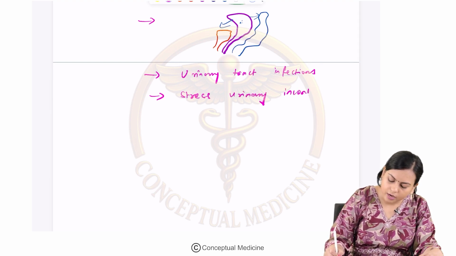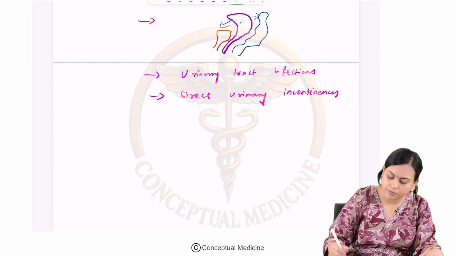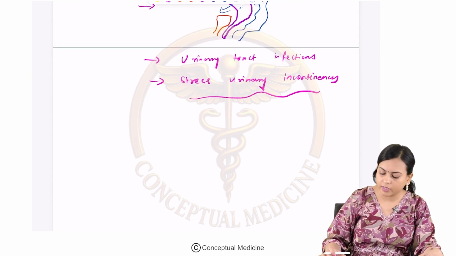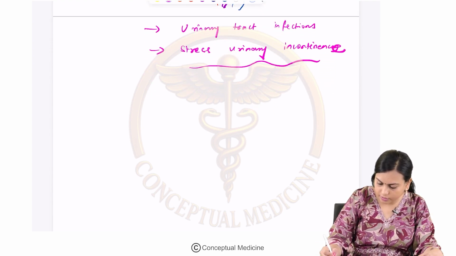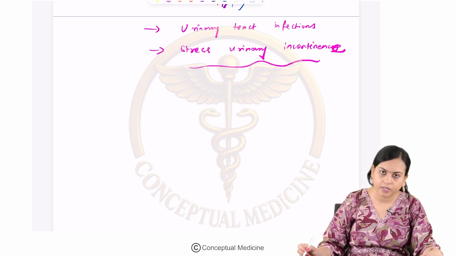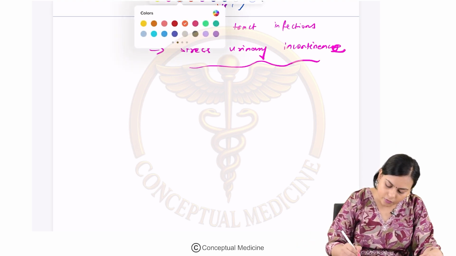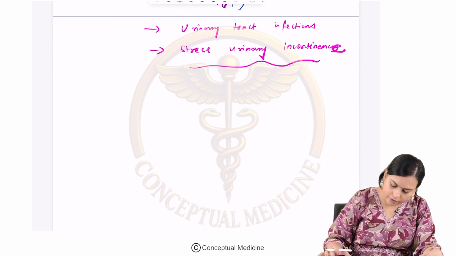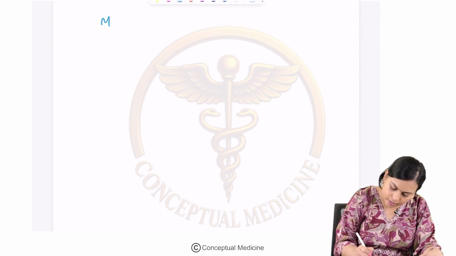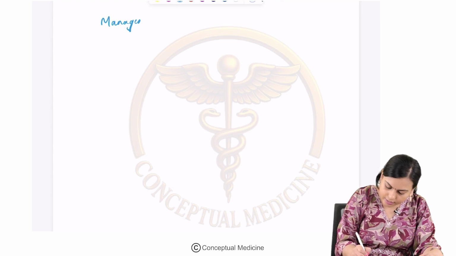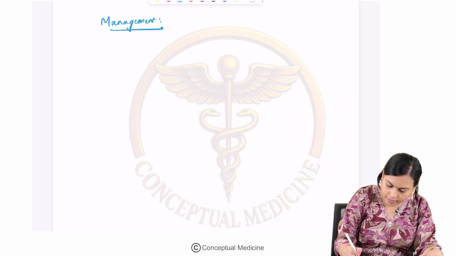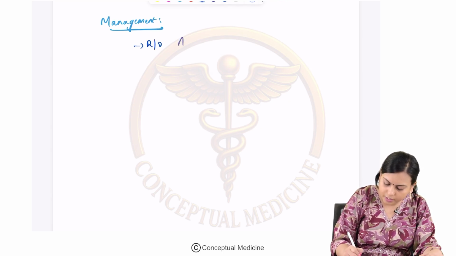Okay, apart from increased frequency of micturition, there can be stress urinary incontinence. Can you understand? Yes. Now, how will you be managing this? See, for management, you can go by ruling out asymptomatic bacteriuria.